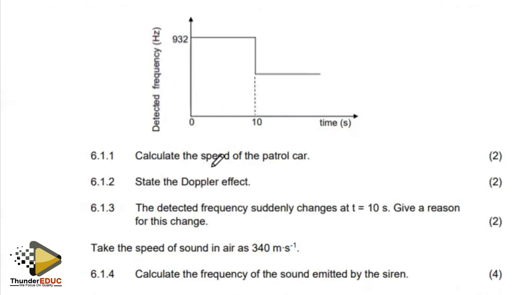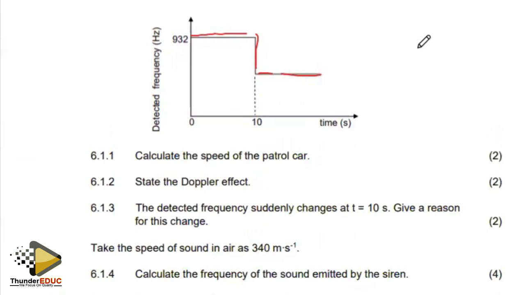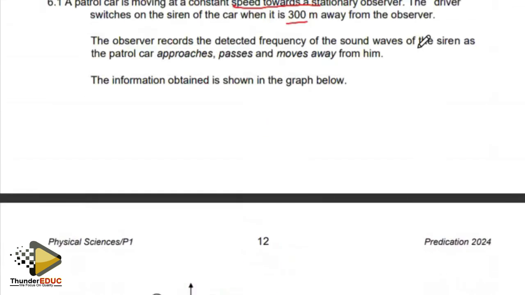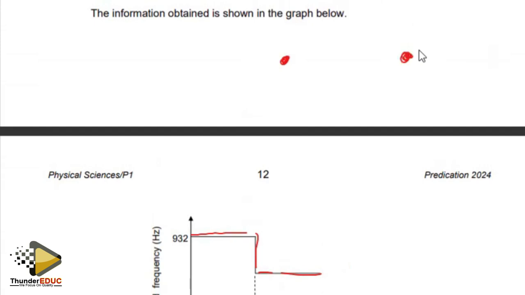Wow. This is interesting. Okay, so approaching, probably around and then moves away. Does that make sense? Approaches, passes, moves away. All right, then they're asking us to calculate the velocity of the car. Okay, so let me just, I love drawing so much.